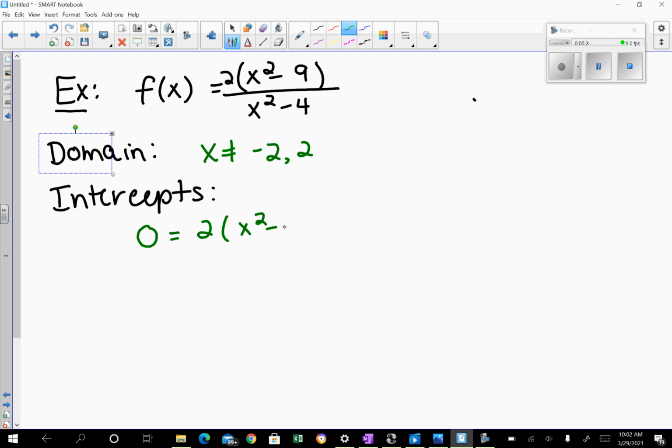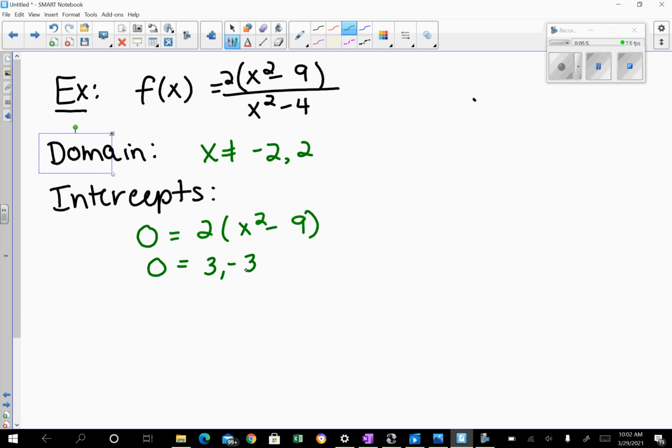Remember, when y equals 0, it simply means that the numerator equals 0, because if the numerator is 0, as long as the denominator is not 0, 0 divided by any number is 0. So we can ignore the 2 because it's just a constant, and we look at x squared minus 9, and we get 3 and negative 3.